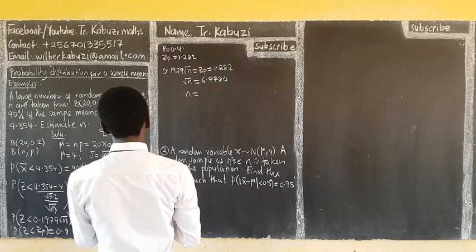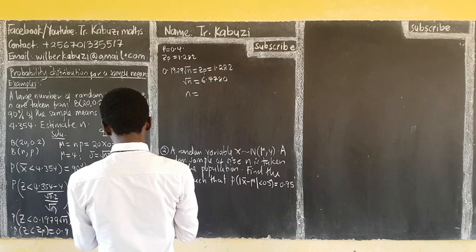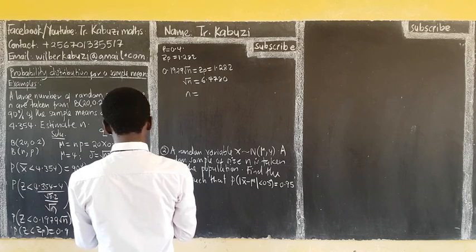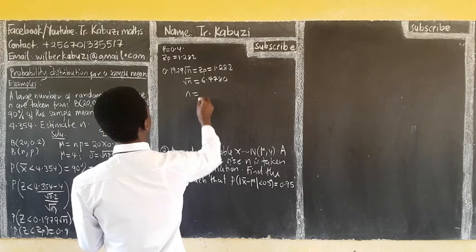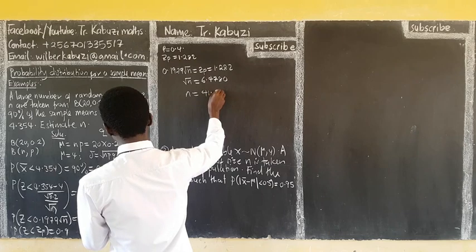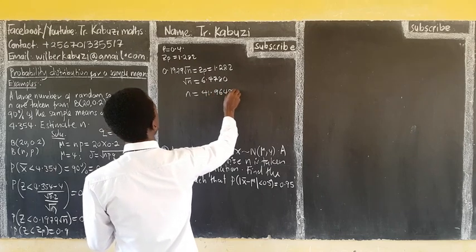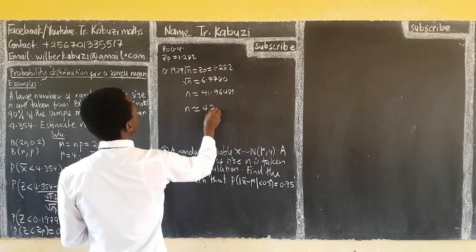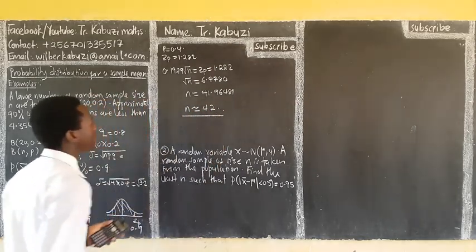If I square both sides, I'm getting 41.96481. So our n here is approximated to the next integer, which is 42.